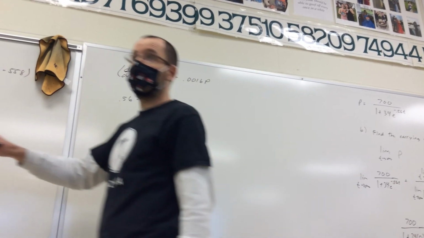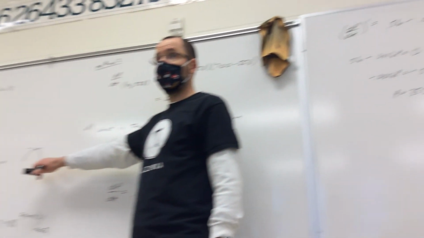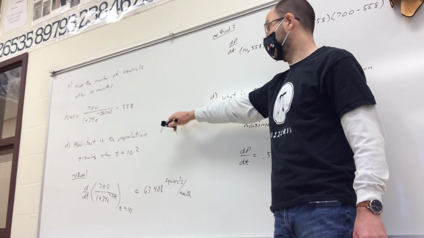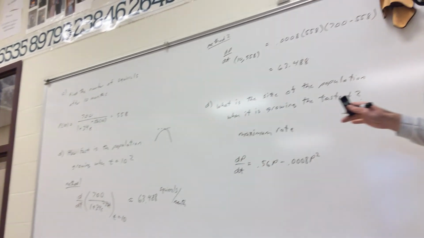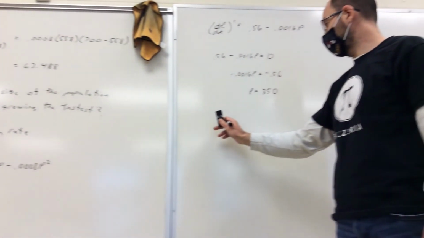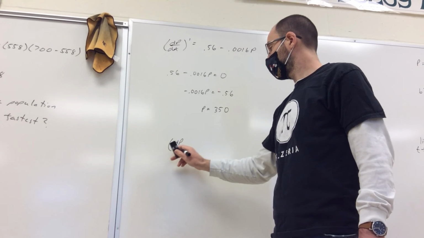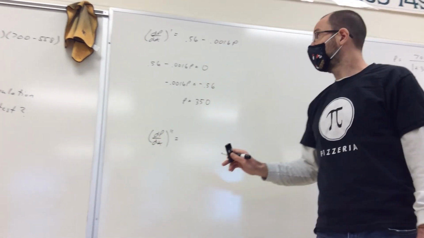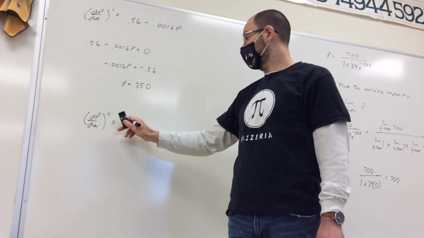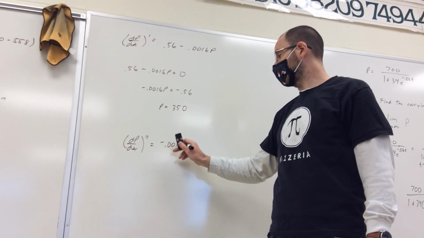If it's concave down, then it's a max. So now I'm going to take the second derivative of the rate. And that's just negative 0.0016.